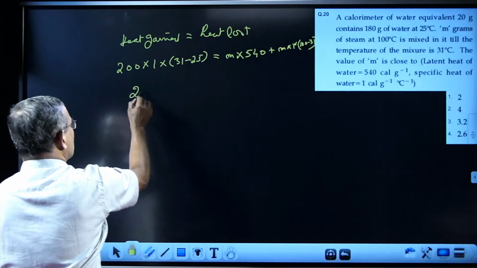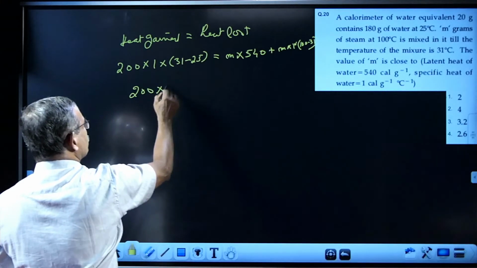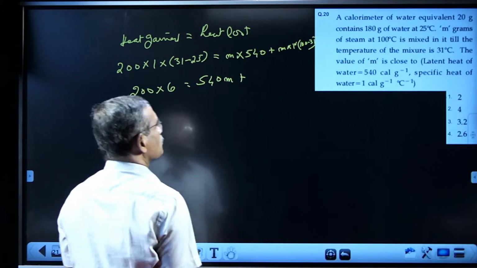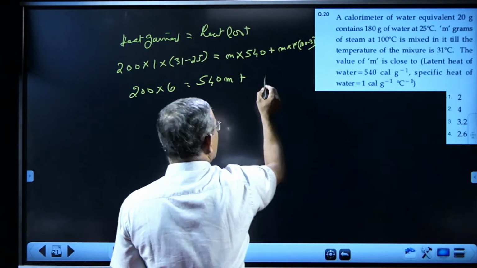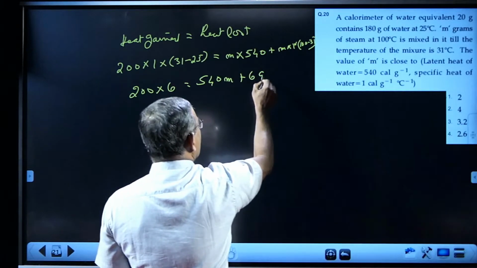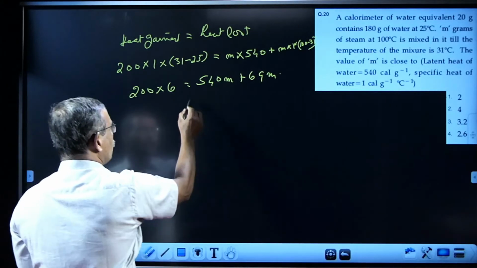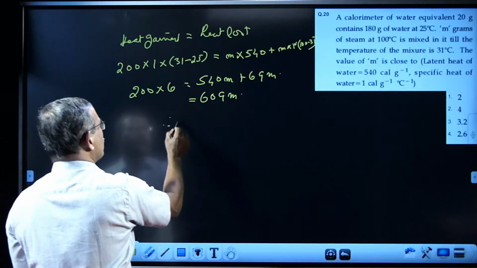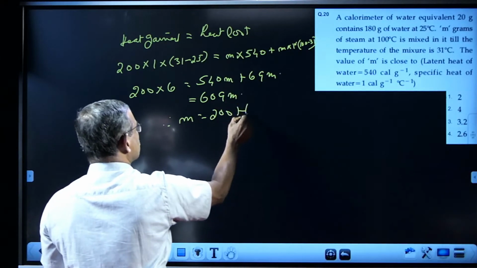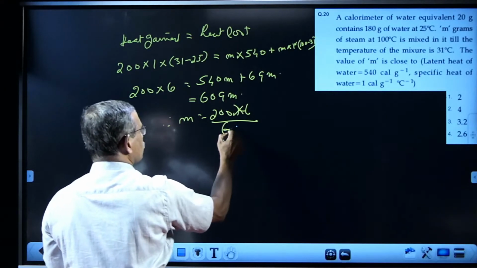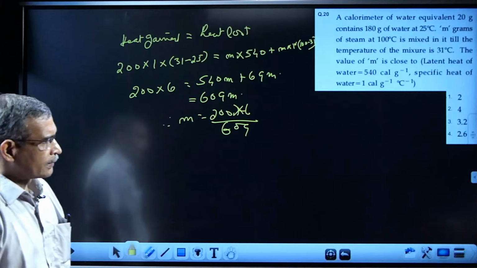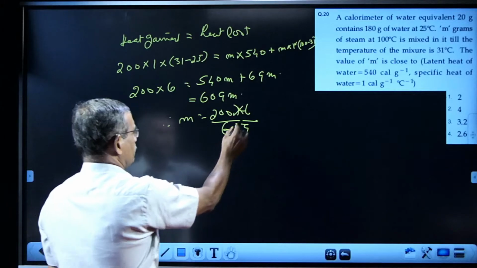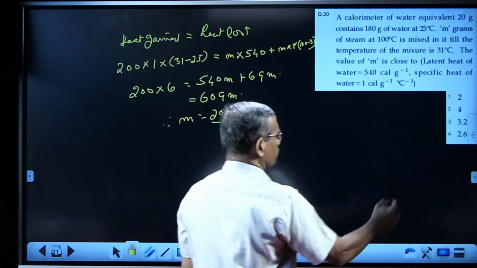Therefore, 200 into 6 is equal to 540 m plus 69 m, altogether 609 m. Therefore, m is equal to 200 into 6 by 609, and the value is found to be nearly 2. Nearly 2, and therefore the option is 1.